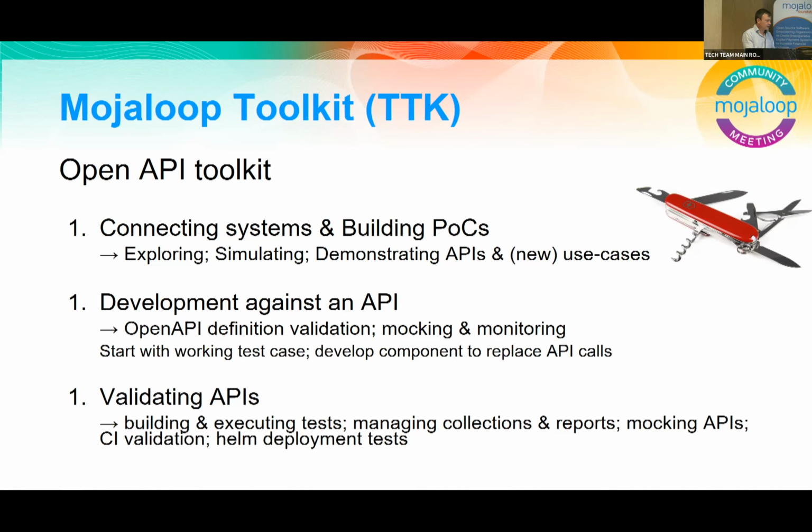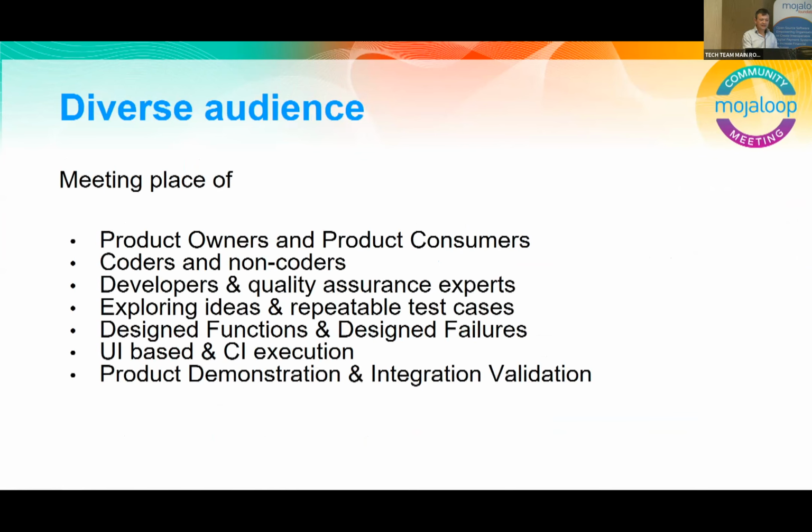Okay, next. Here's another point: when you're building products and product design, there's a mixing of different audiences. And this is where we see this happening in the testing toolkit: you have product owners talking to the product consumers, the people who own the product and the people who are trying to interact with it.